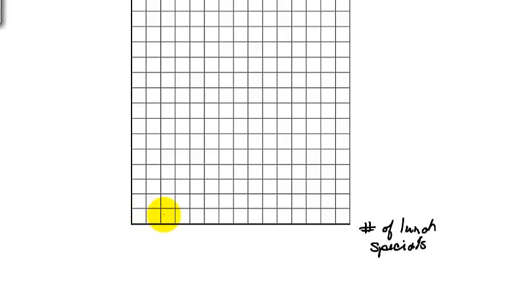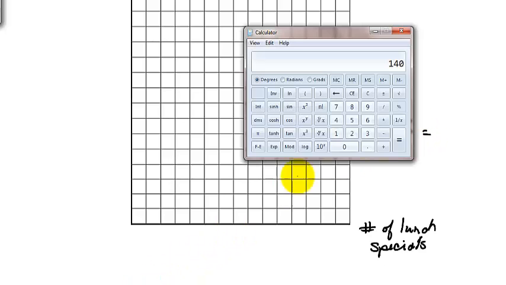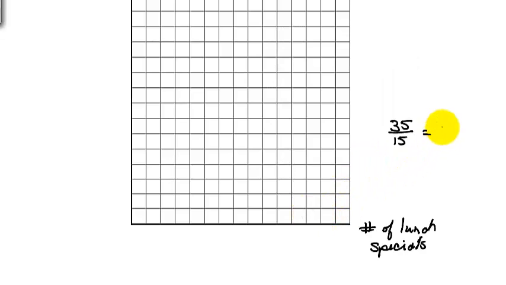And we have 15 tick marks to do it. So 35 divided by 15 gives us 2.3.